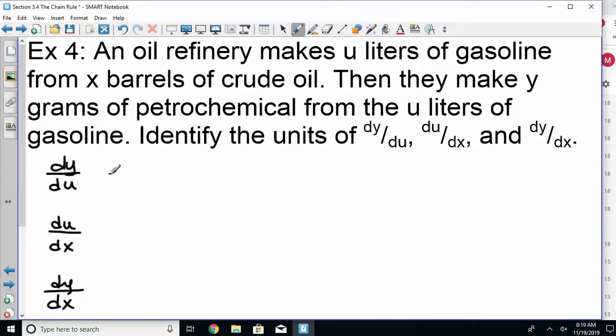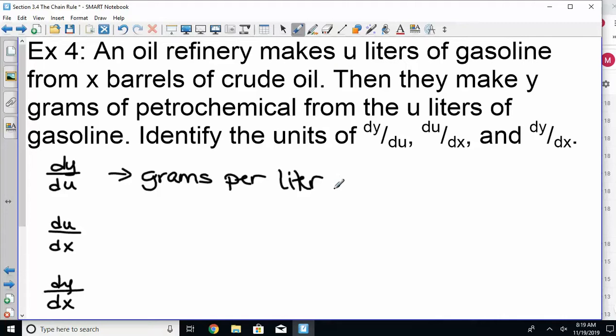So if I look at this, what are the units for y? Y is grams, so it would be grams per, for my division, u. What are the units on u? So grams per liter would be the units on that derivative.